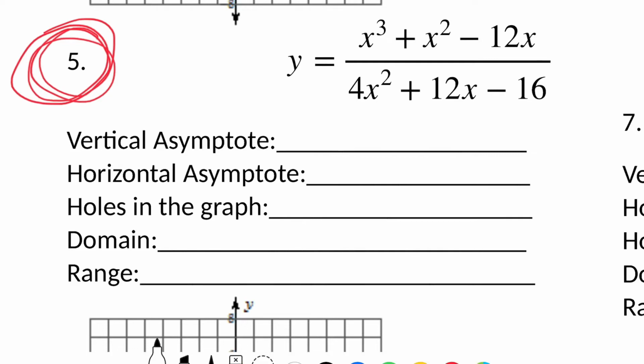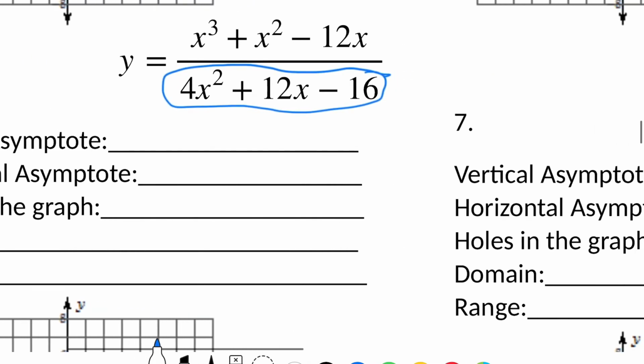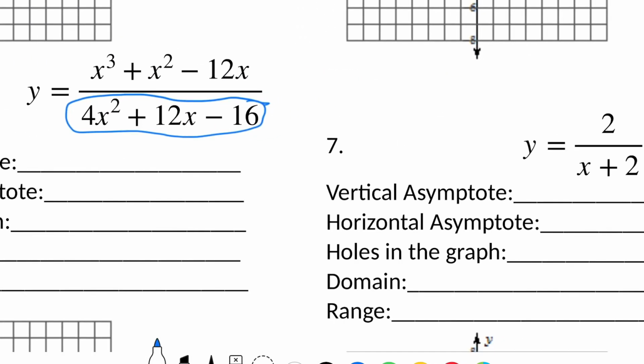So we're going to look at our 4x squared plus 12x minus 16. And I'm going to come off to the side right here. We're going to ask ourselves, is there a GCF? Yes. So we're going to factor out our GCF. We get x squared plus 3x minus 4.